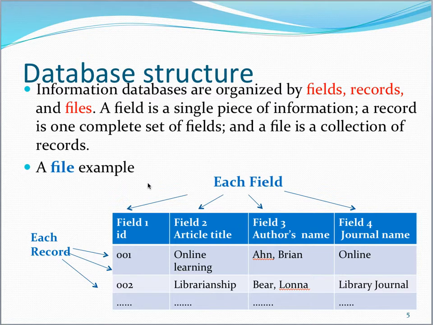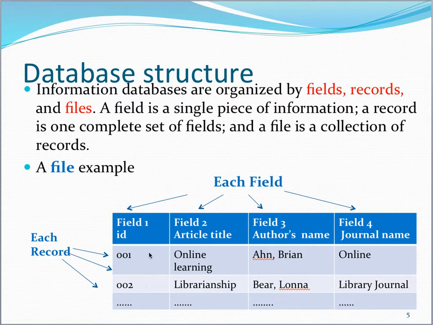When we see the columns in this table, we are talking about fields. When we see the rows, we are talking about records. For example, record 001 has ID 001, online learning, and Brian online. Record number 2, 002, has librarianship and Berlona Library Journal, and so on.